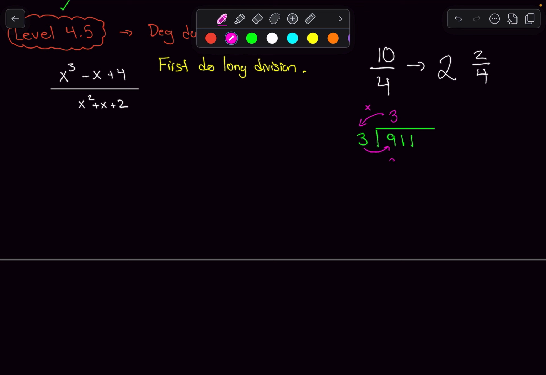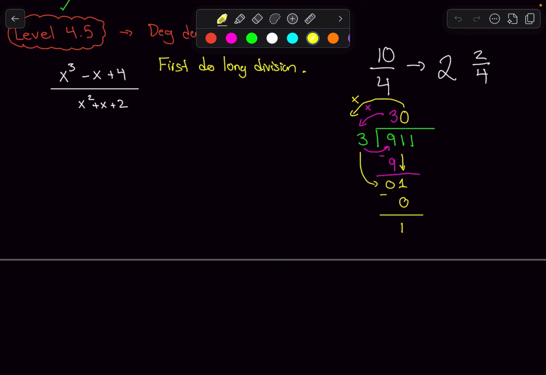We write down the number 9. We do subtraction, and we say, what do we get left over? There's a 0. Cool. We bring down the next term, 1. We say, okay, how many times does 3 go into 1? We say it goes in 0 times. And we'd say, okay, you're going to do multiplication. That's going to leave us with 0. We do subtraction. Great. We get 1.